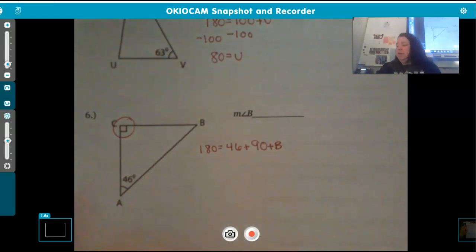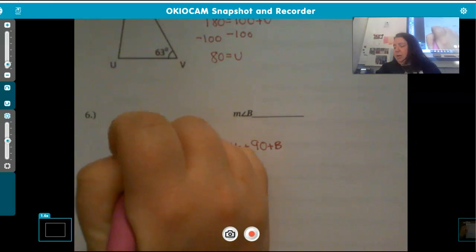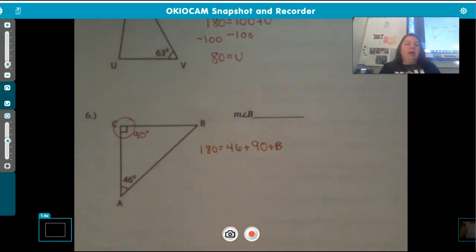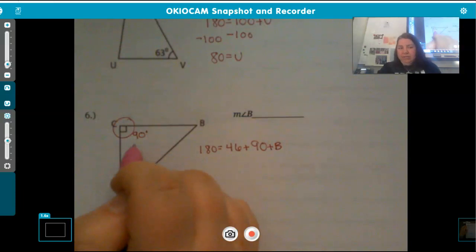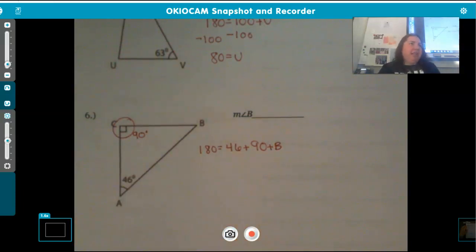That's why I really find it helpful when I see that to just write the 90 in. Because I have found myself doing that, like when we were doing measures or finding missing interior angles on some of these bigger polygons, forgetting to add the 90-degree angle in there because it wasn't written out. So I would just stick that in there to remind yourself that that is a 90-degree angle.